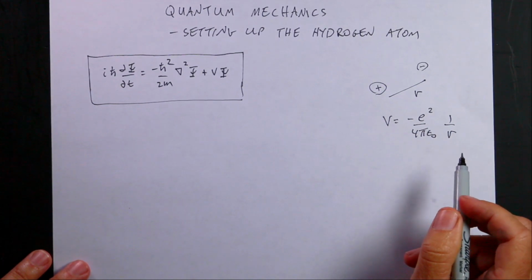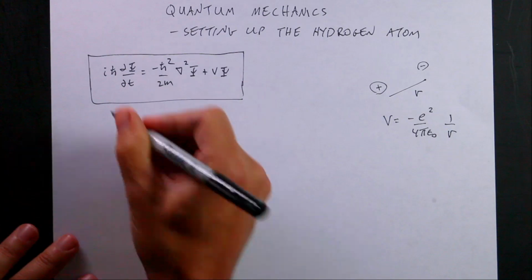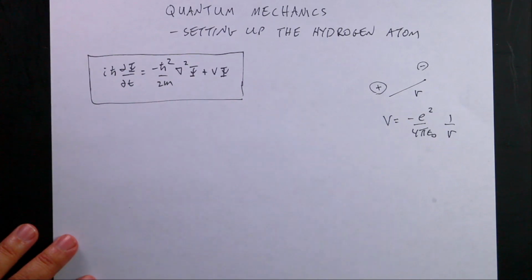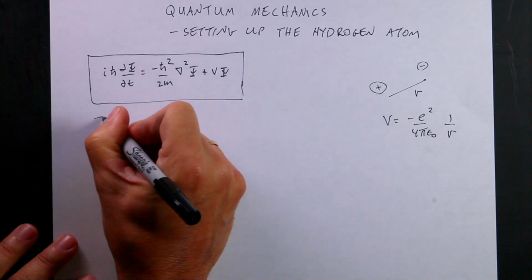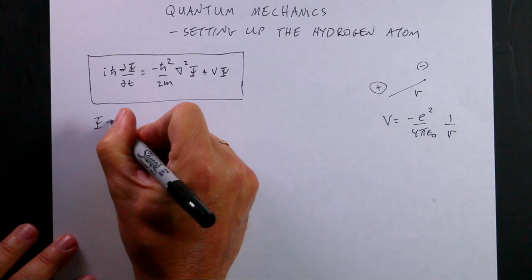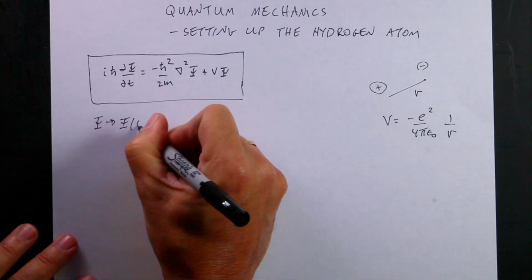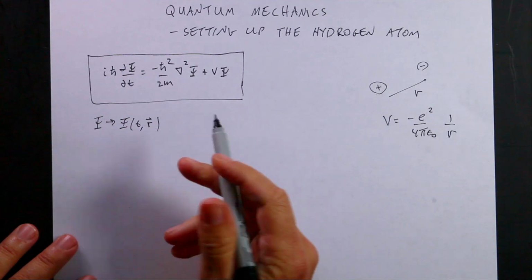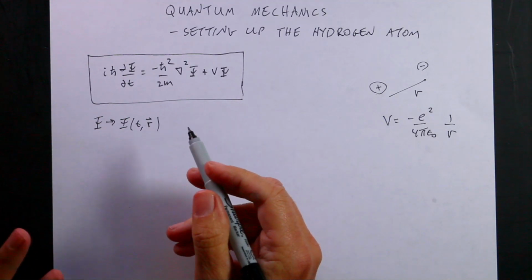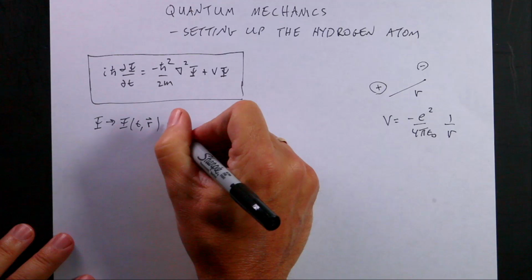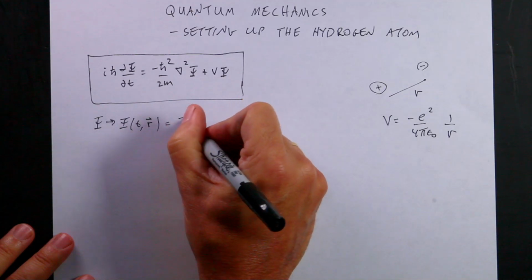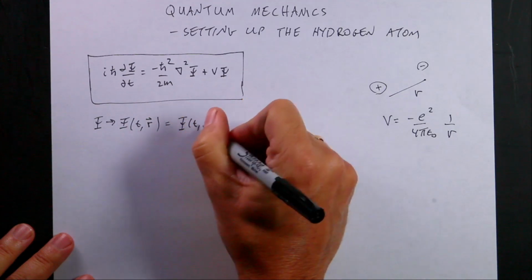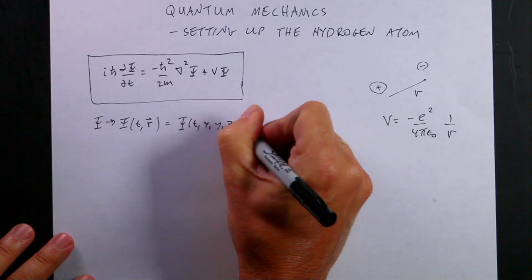Okay, so there's a lot going on here. First of all, suppose I have some wave function psi as a function of, let's say it's t and r, where r is a vector, right? Because it has really 4 pieces here. If I did this in Cartesian coordinates, this would be a wave function of time, x, y, and z.